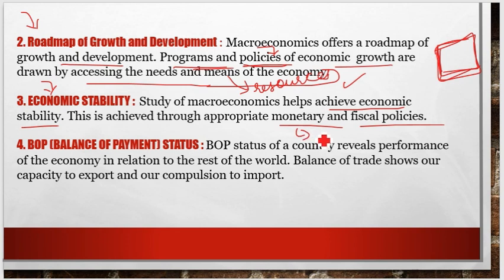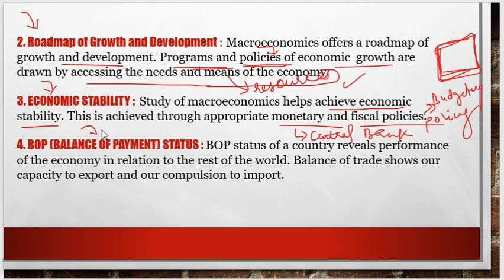Monetary policies are the policies framed and regulated by the central bank, whereas fiscal policy is also known as government policy or budgetary policy. So through these two tools, macroeconomics helps us to achieve economic stability.